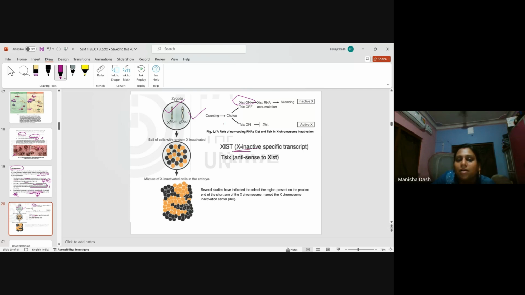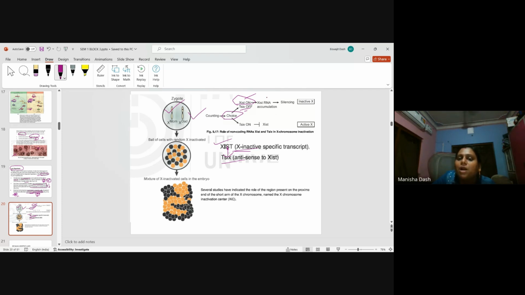As development goes on, one cell is randomly chosen, and in that cell XIST will be switched on, and TSIX, which is antisense to XIST, will be off, because if it were active it would bind to XIST and XIST could not be functional. So if XIST is operating, TSIX has to be off. Now the XIST RNA will accumulate and go and bind to the X chromosome.